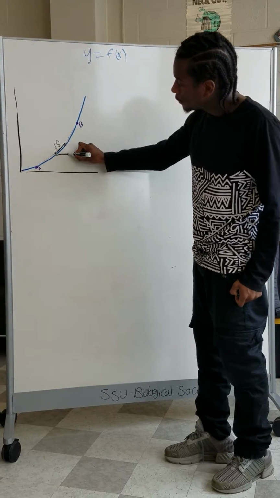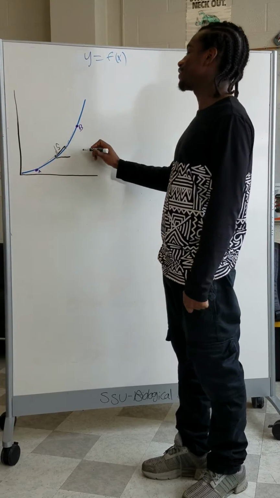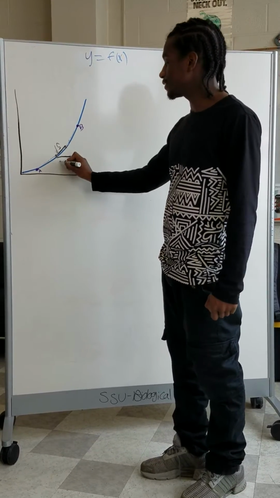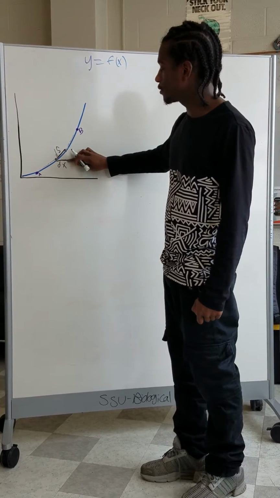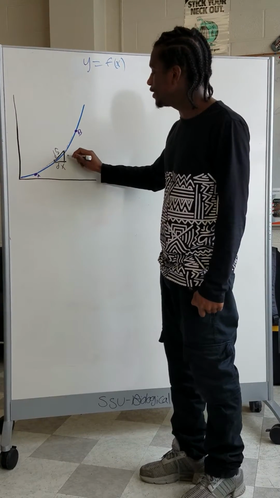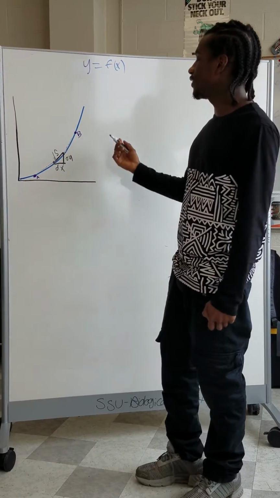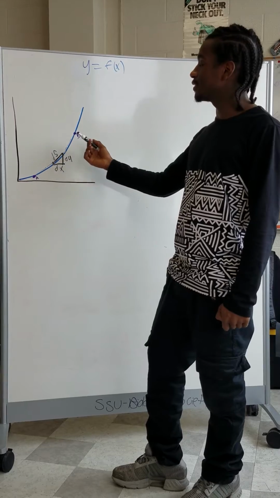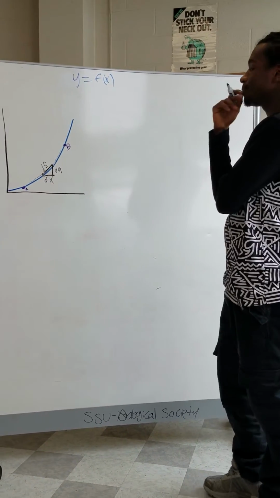So here, I'm denoting the change in x, or the dx, in context to the ds. And here, I'm showing the dy, that is the change in y in context to ds. So, what do we have here?